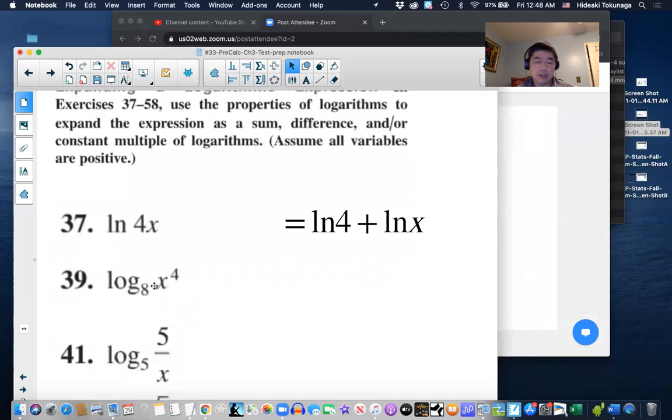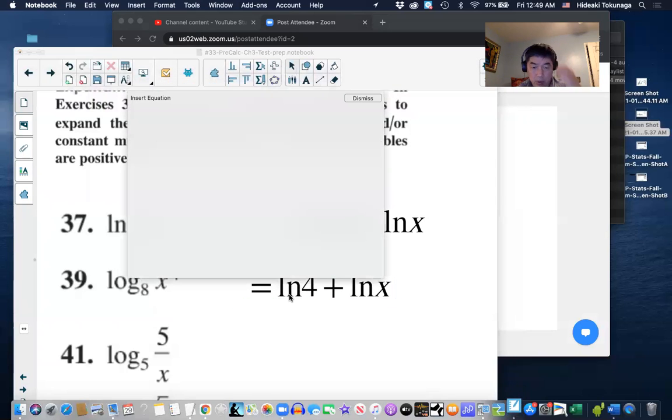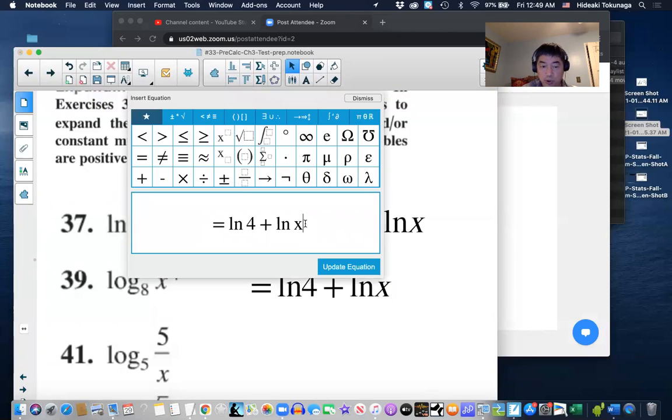Now, there is no multiplication here, but there's log base 8 and x to the 4th power. So 4 can be here. So let me copy this. All you have to do is move the 4 onto the front. 4 log base 8 of x.